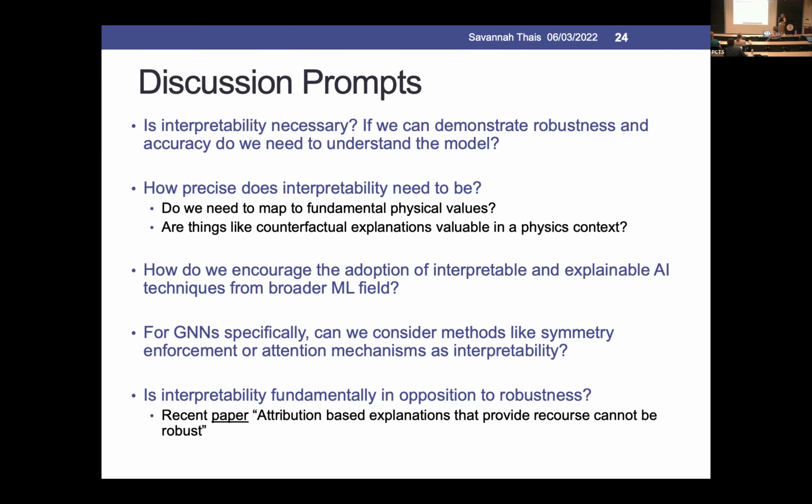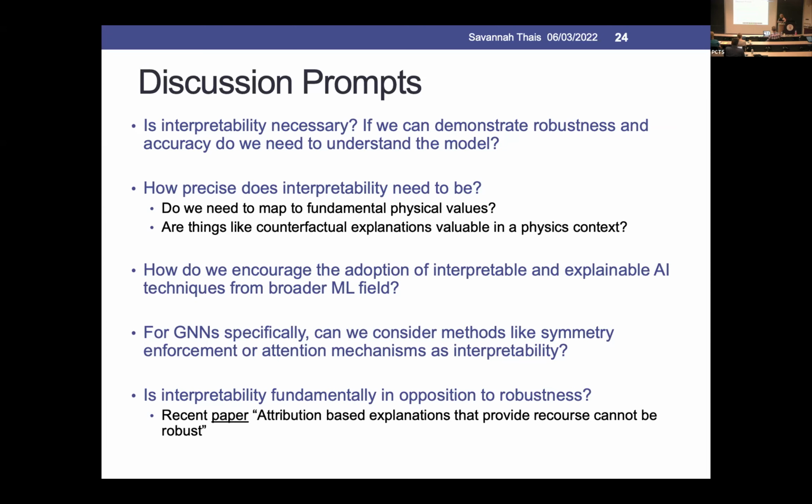For GNNs specifically, there's been some rhetoric around whether we can call an attention mechanism an interpretability technique, where we can say, mathematically, we're prioritizing this kind of information. Is that interpretation? Also, we make a lot of claims that if you do equivariance enforcement, that somehow gives you more interpretability, but does it really? I haven't been convinced yet.